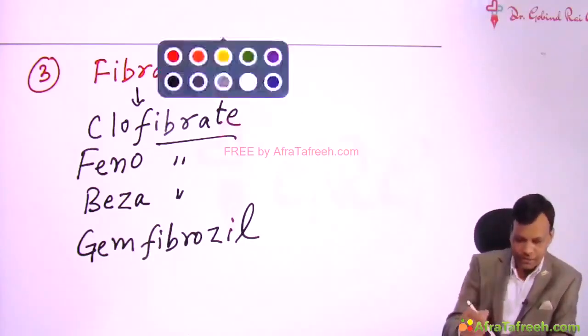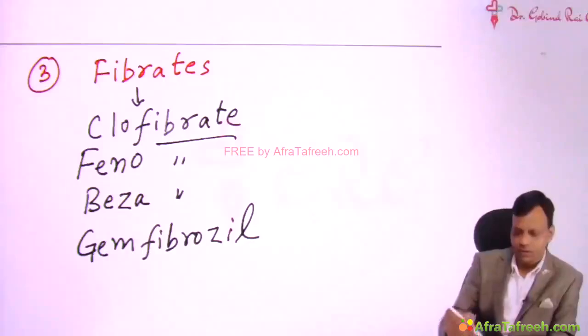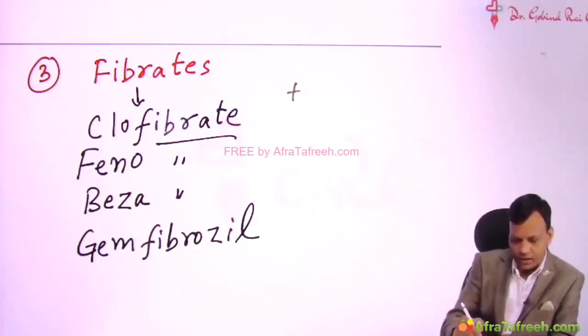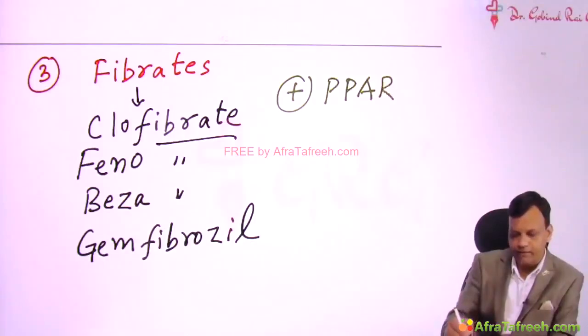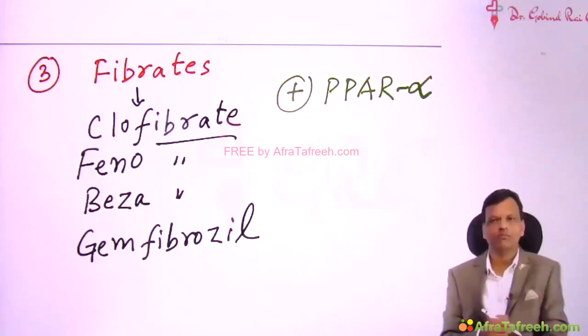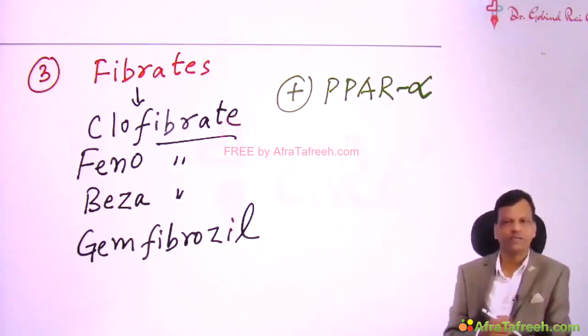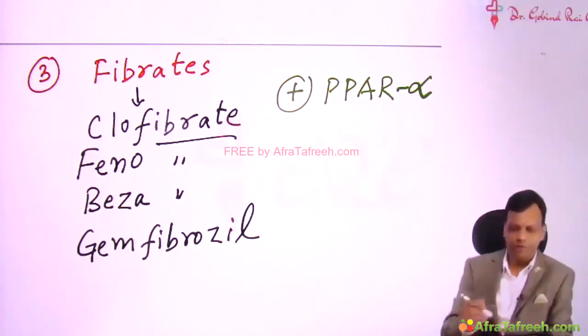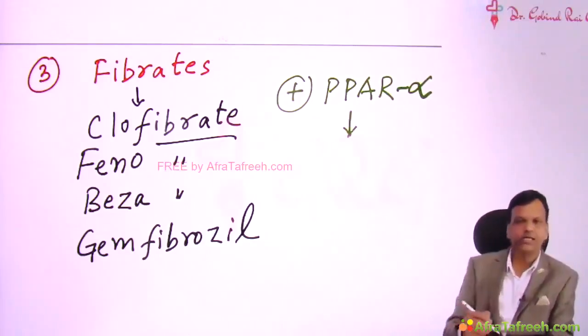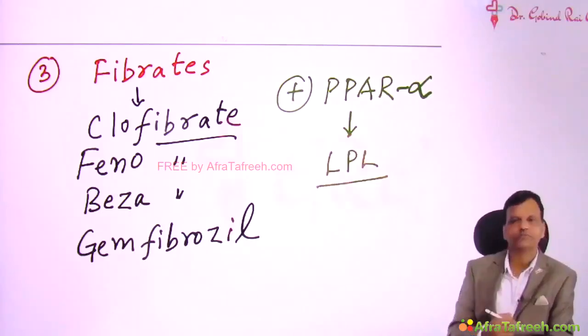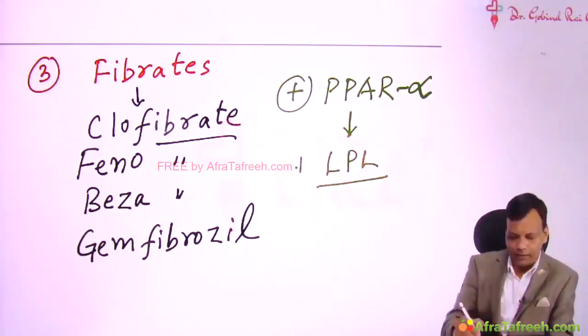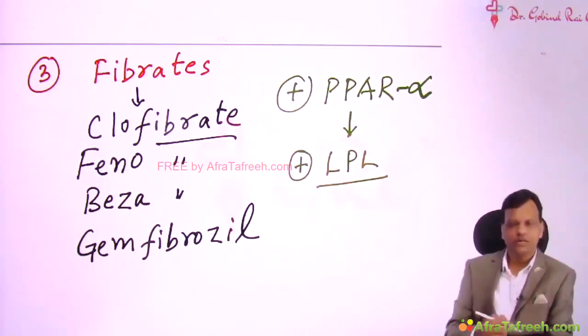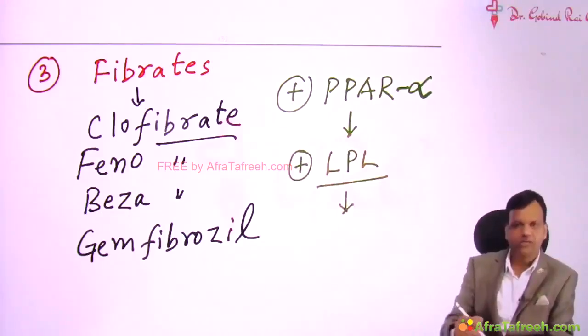Now fibrates, they act by stimulating a receptor called PPAR alpha, peroxisome proliferator activated receptor alpha. Stimulation of this receptor results in increased synthesis of lipoprotein lipase, and when more lipoprotein lipase is produced, that will metabolize the lipoproteins, so that will lead to decrease in triglycerides.